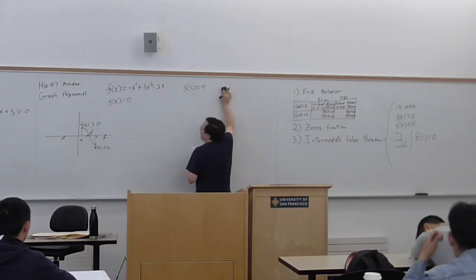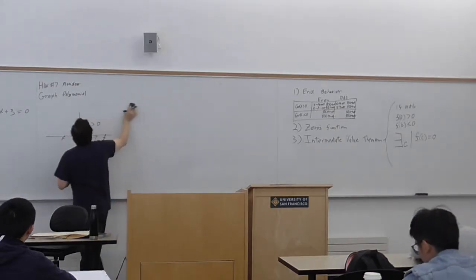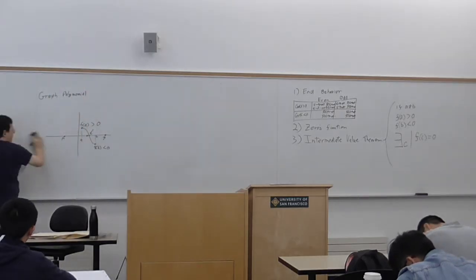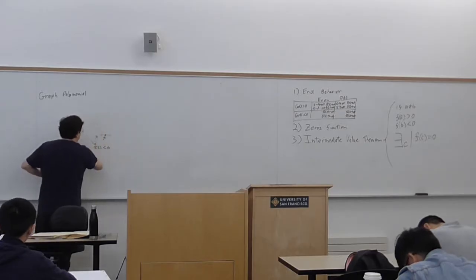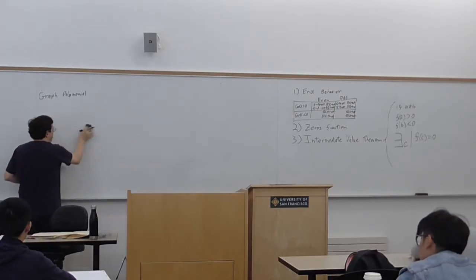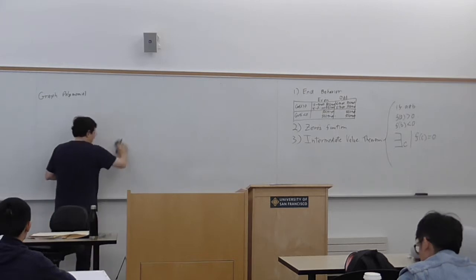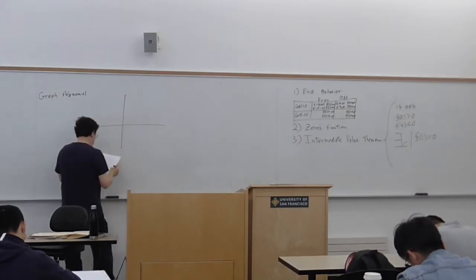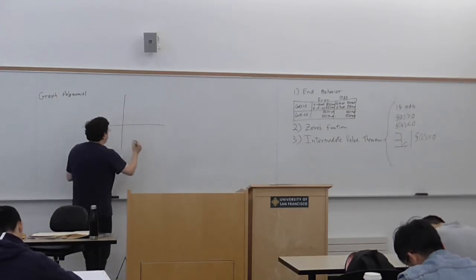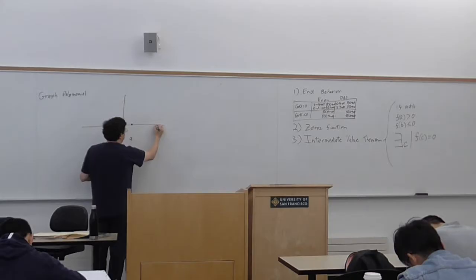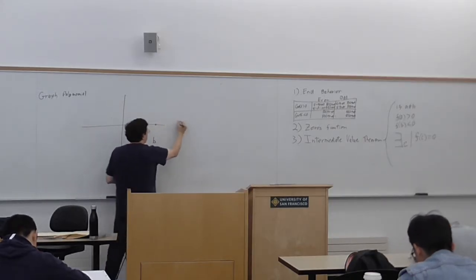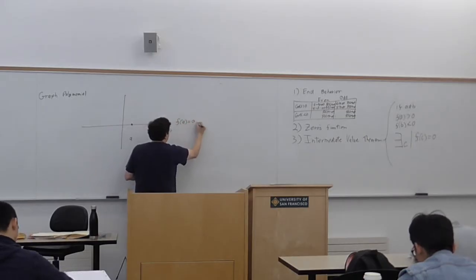And there's one more tool which is very related to the intermediate value theorem. It's kind of the other way of looking at it. It says if I have 2 points, I have an A and a B, there are zeros. F of A equals 0 and f of B equals 0.